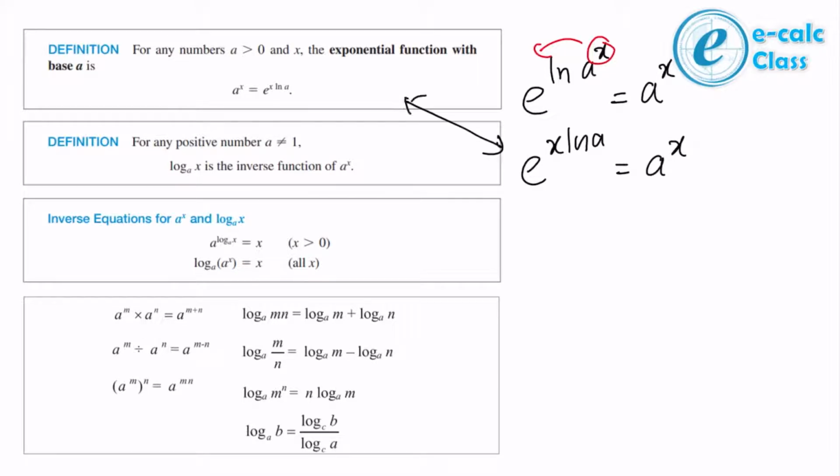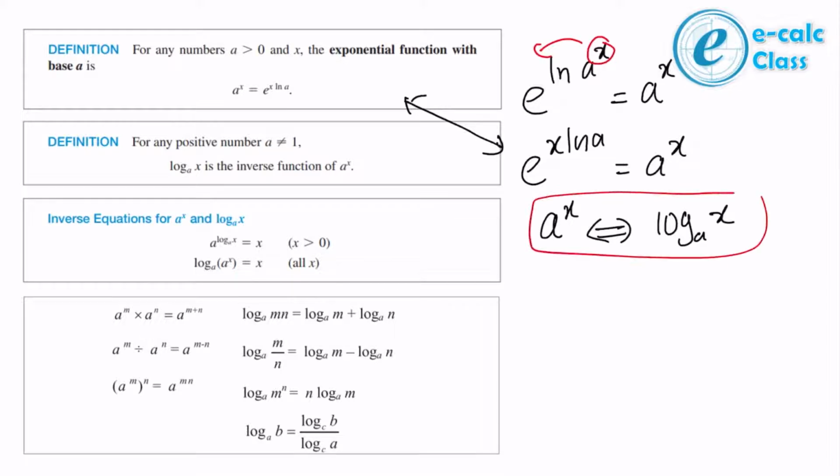Okay, then you also need to know the relationship between log and indices. If it is not base e, we call them indices. Okay, so a to the x if and only if log base a of. Okay, so the logs and these indices are the inverses of each other.